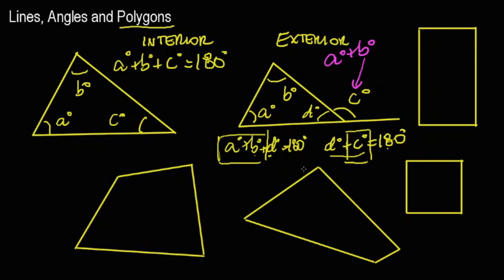Now, the other rule is simply when you have a quadrilateral, the sum of the internal angles is 360.